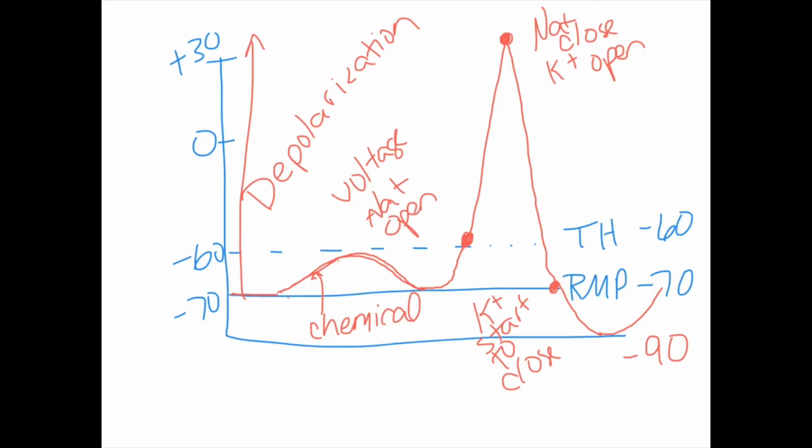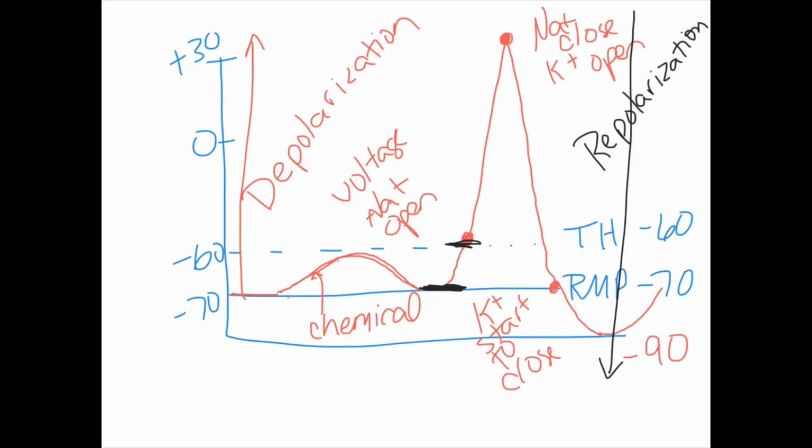And anytime we are going more negative, that is called repolarization. And whenever you're going below the resting membrane potential, anything below that, instead of calling it repolarization, we call it hyperpolarization.